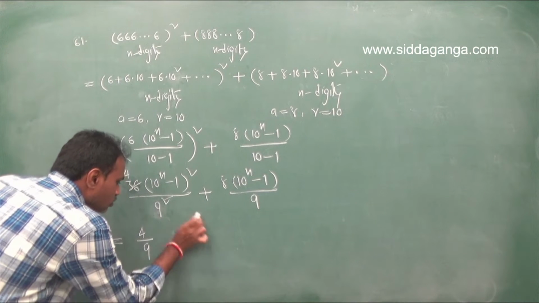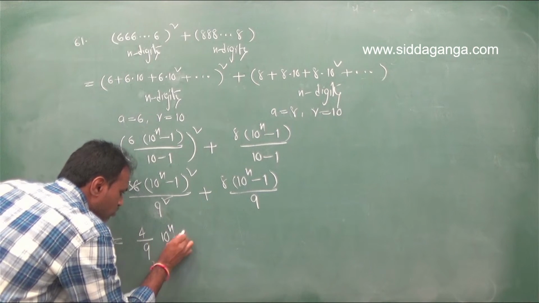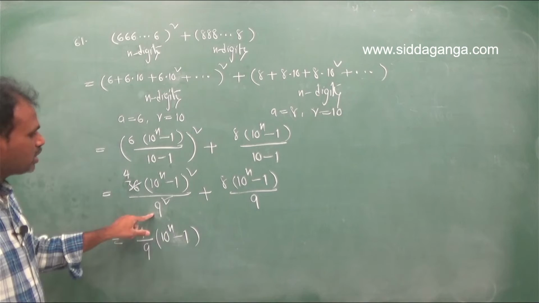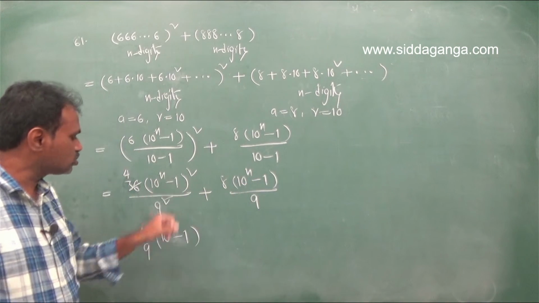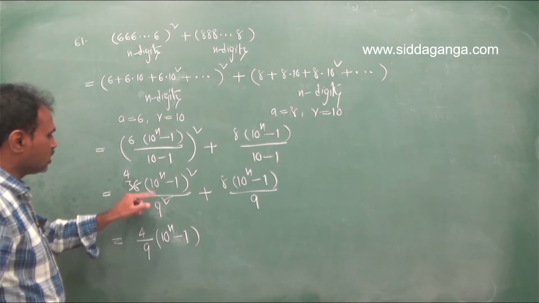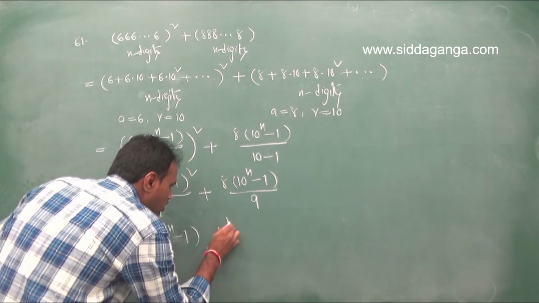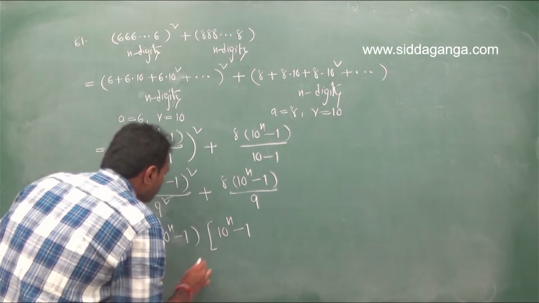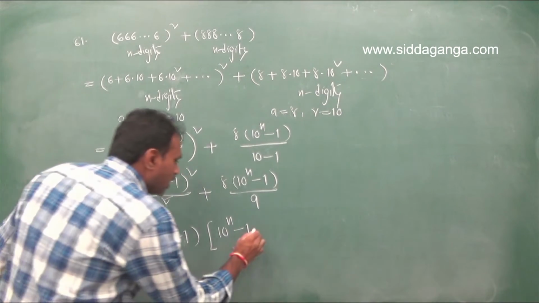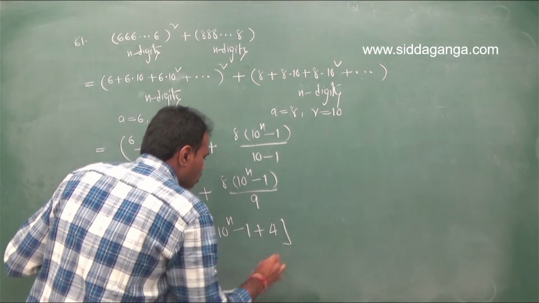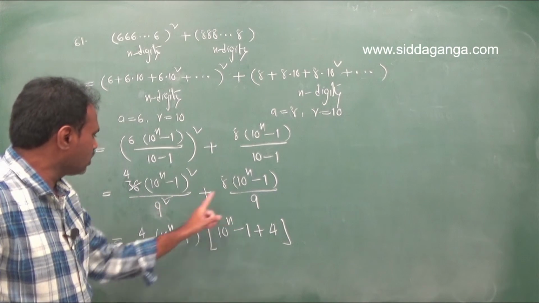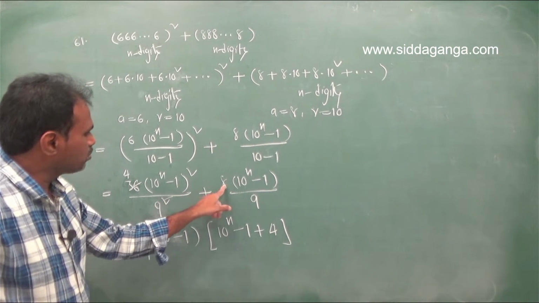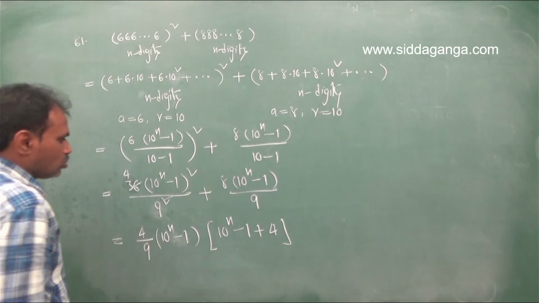That is into 10 power n minus 1. Here 4 by 9, here also 4 by 9 is there, and 10 power n minus 1, here also 10 power n minus 1. Then here remains 10 power n minus 1, and here remains plus 4. Here 8 by 9. If you take 4 by 9 common, then here remains 2.